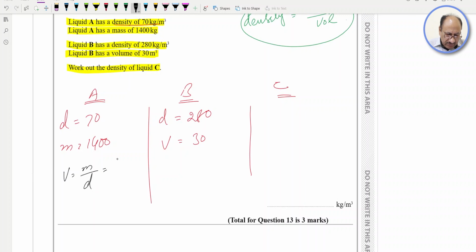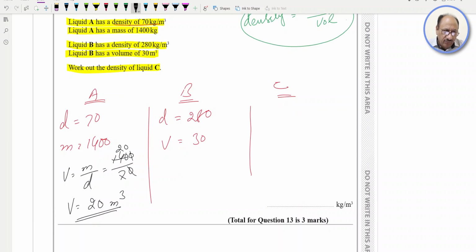So mass is 1400 divided by 70. So this will be cancelled and this will be 20. So volume will be equal to 20 meter cube. So volume of A is 20 meter cube.